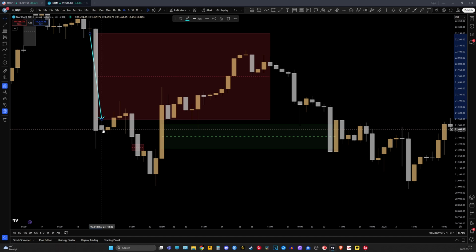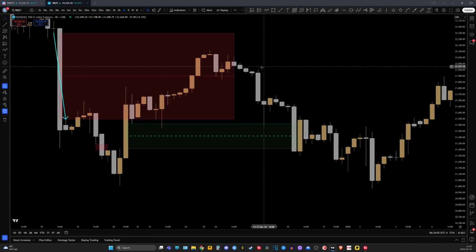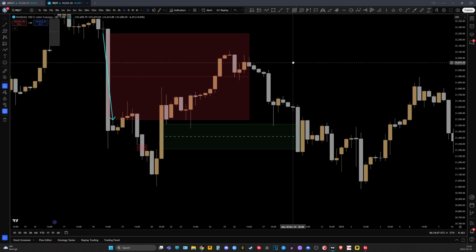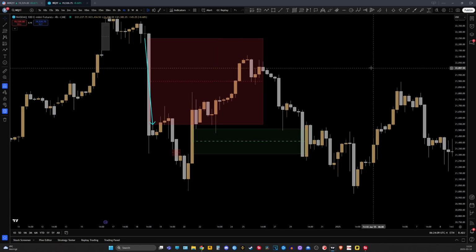So we can see that here we do come back up into it, and then we drop out, and then we come back into it here, but we get a consolidation area here coming up, and finally, many days later, we mitigate or close above this consequent encroachment, this 50% level. And we would then say that this fair value gap is now used and we could ignore it.